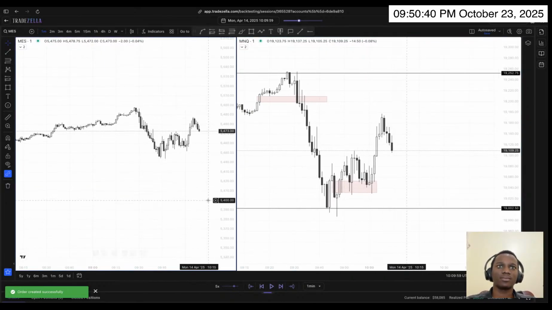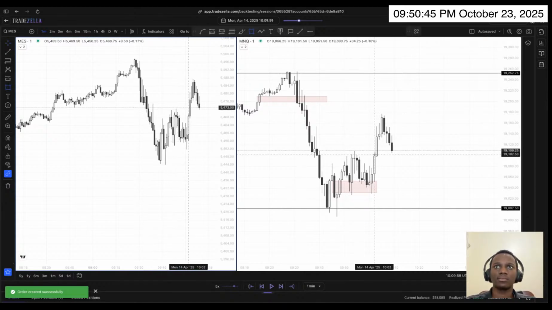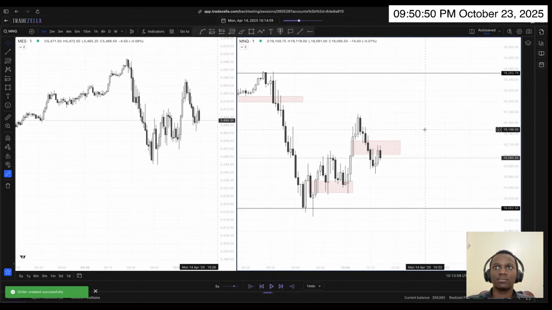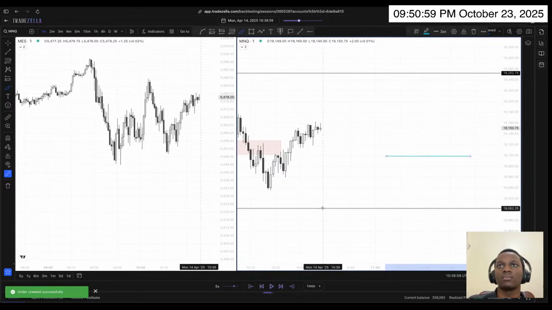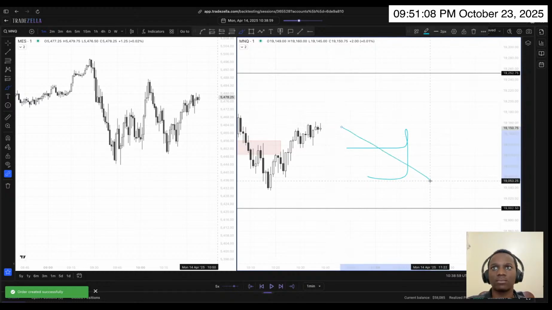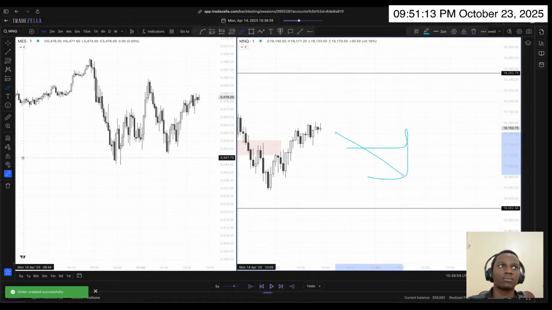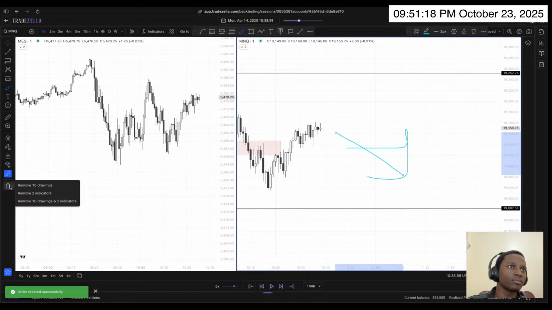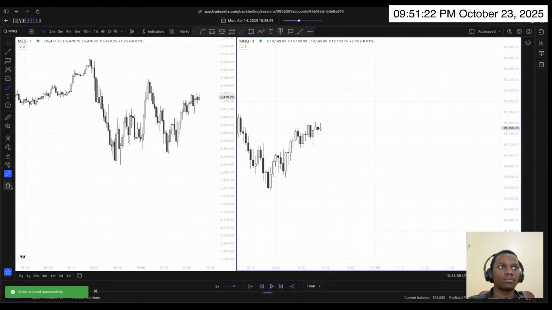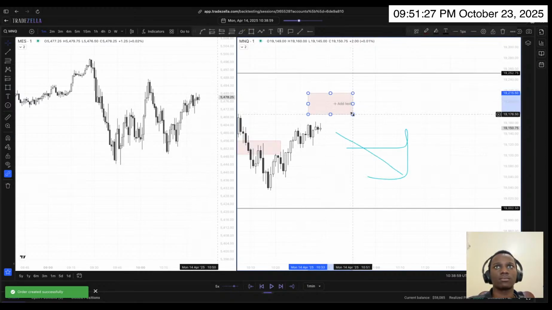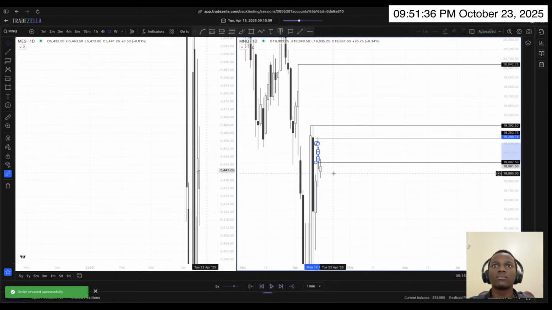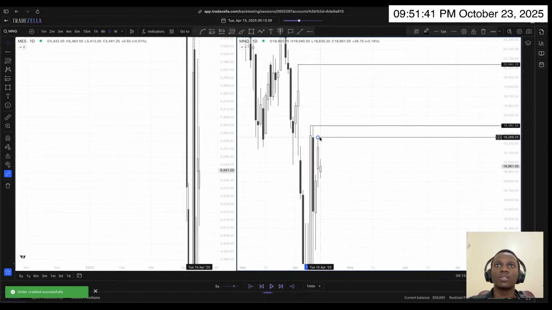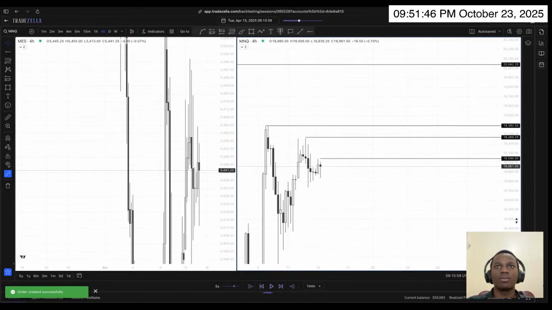And then after running this high, this high here, so looks like we're bullish. This 4 hours holding.